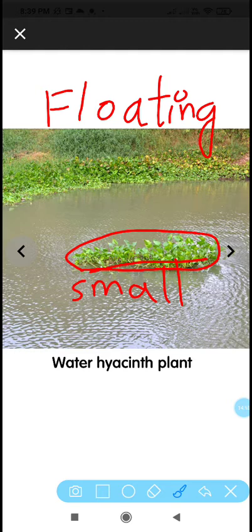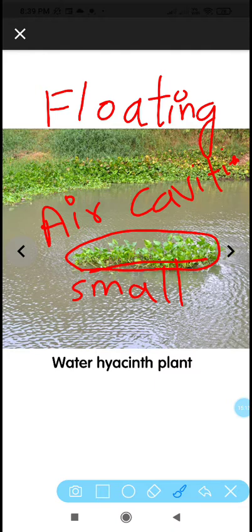Their stem is also having air cavities, like how the lotus plant has. Floating plants also have air cavities. Fixed plants are also having air cavities in their stem.